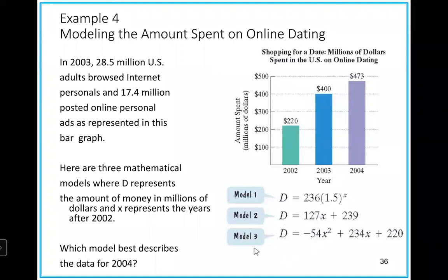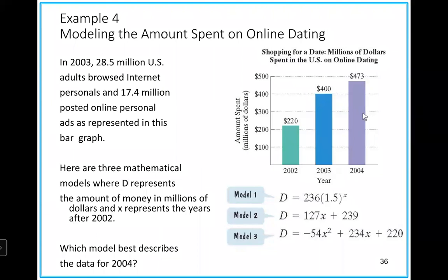And model 3: D equals negative 54X squared plus 234X plus 220. Okay. So this D is supposed to be the amount of money in millions. So they want to know which one best describes 2004.